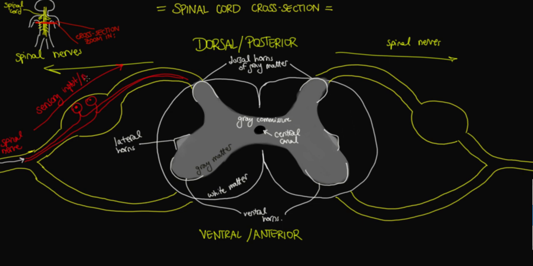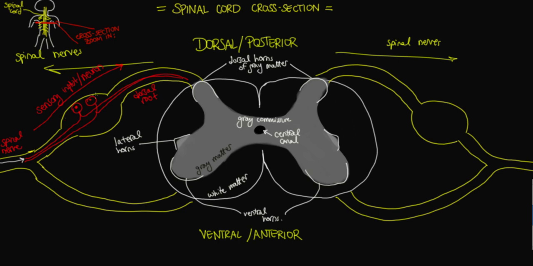via a sensory neuron. So these sensory neurons branch out of the spinal nerve into what we call the dorsal root. So one branch of the spinal nerve brings in sensory information into the dorsal side, and this is called the dorsal root, and it contains sensory neurons.